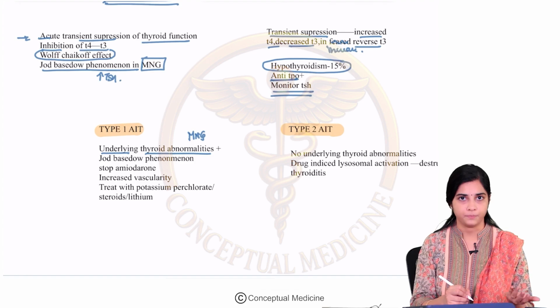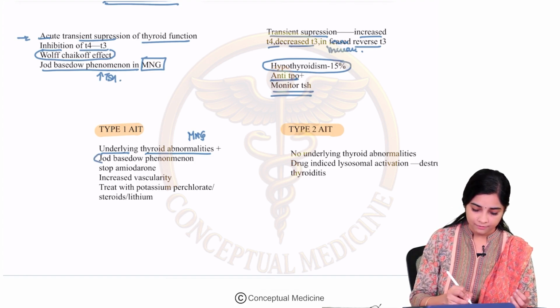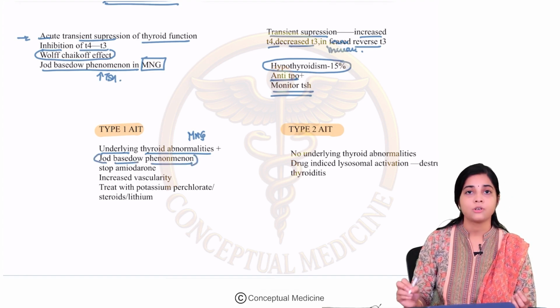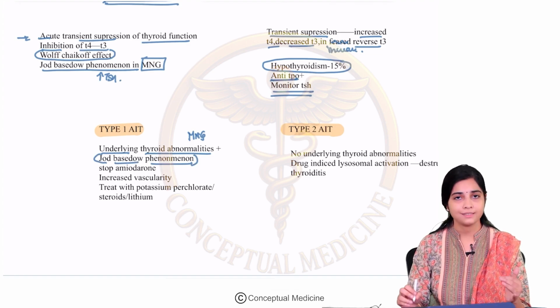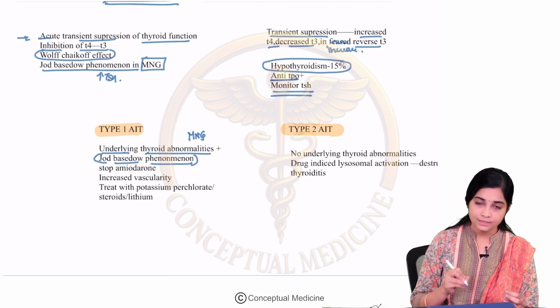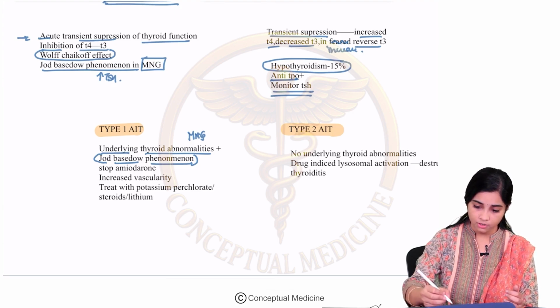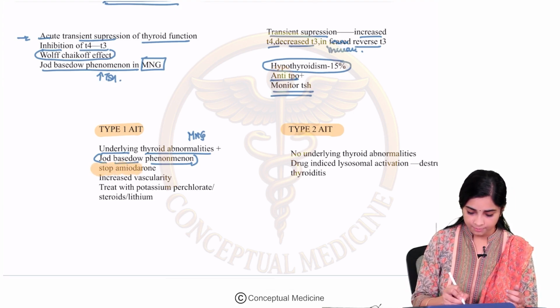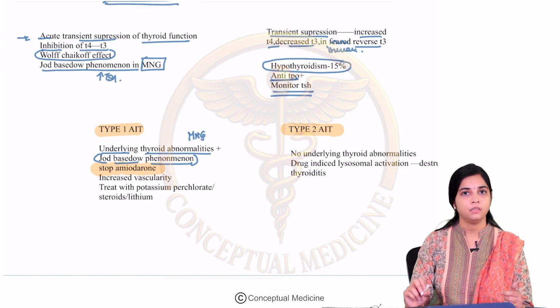Here you can have a Jod-Basedow phenomenon, where excessive iodine intake causes thyroid hyperfunction or excessive thyroid hormone release. In these cases, you stop amiodarone. That's very, very important.